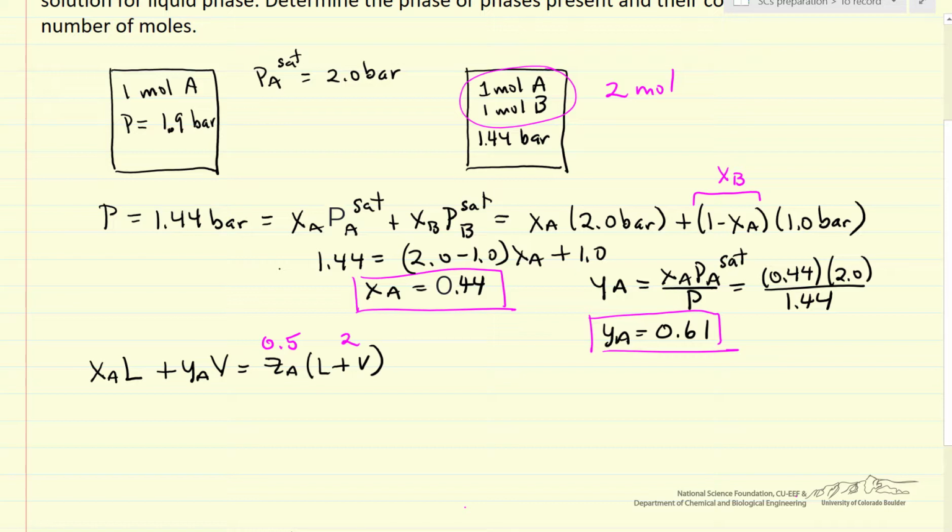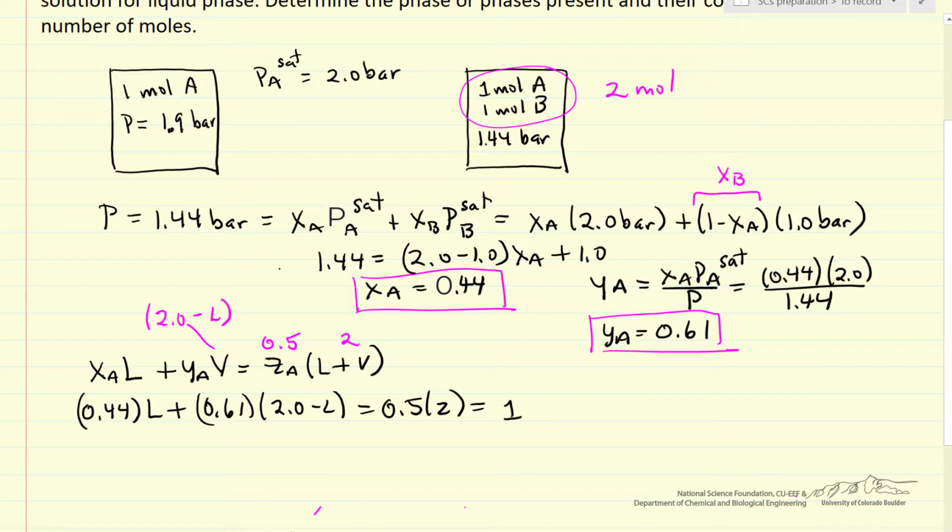And we'll make the substitution and then solve for L, so V is the number of moles in the vapor phase, so 2 minus the number of moles in liquid phase is the number of moles in the vapor phase. So now if I substitute the numbers into this equation, I have the mole fraction in liquid phase that I calculated, L is my unknown, the mole fraction in the vapor phase that I calculated, and V is 2 minus L, this is 0.5 and this is 2, so that means we have of course total 1 mole of A, and we can solve for L. And when we do that, L is equal to 1.29 moles.